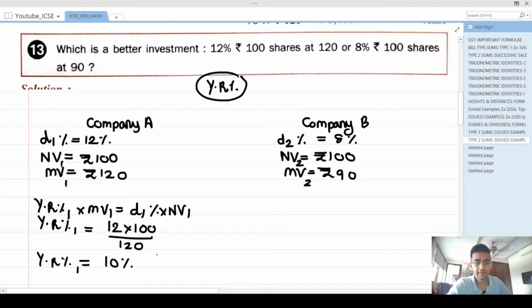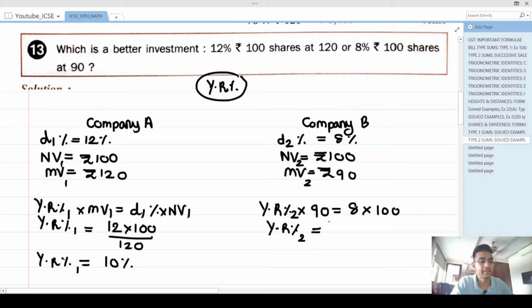YR percent 1. And over here on the company B side, again the same formula: YR percent 2 into 90, that's MV2, is equal to D2%, that's 8, into NV2, 100. Your YR percent 2 works out to be around 800 upon 90. Once you calculate that, you will get 8.89%.